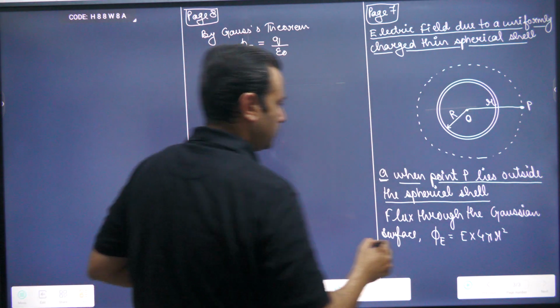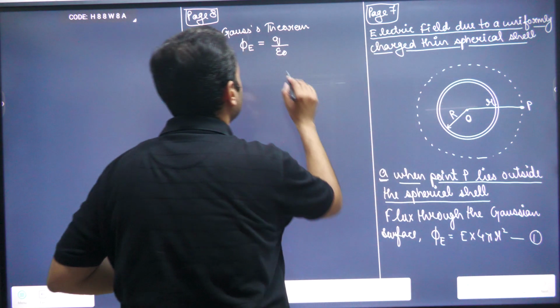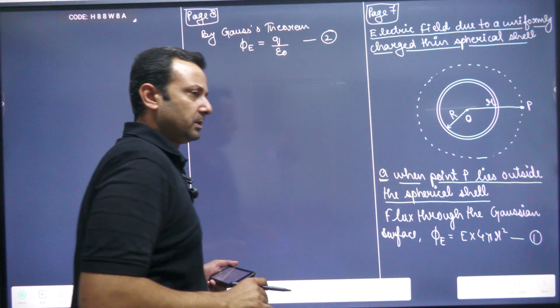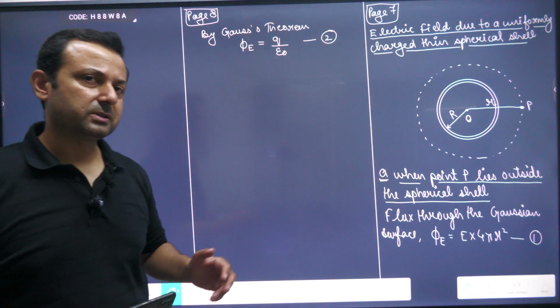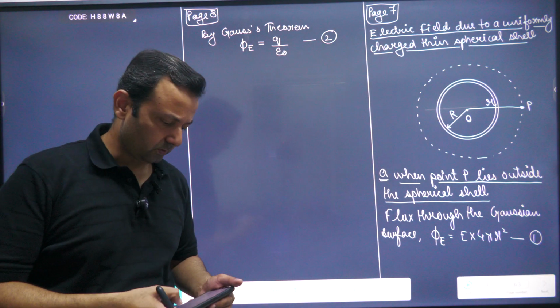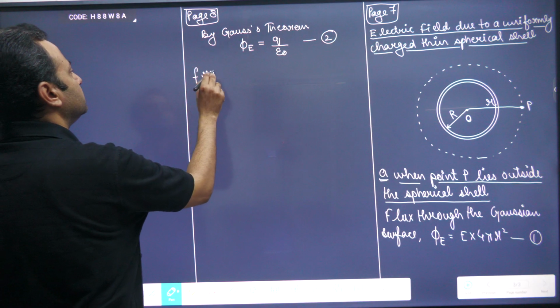So phi E is equal to E into 4 pi r square, and phi E is also equal to Q upon epsilon naught. So there are two equations, and both are giving us the value of electric flux. So comparing equations 1 and 2, I will write from first and second.